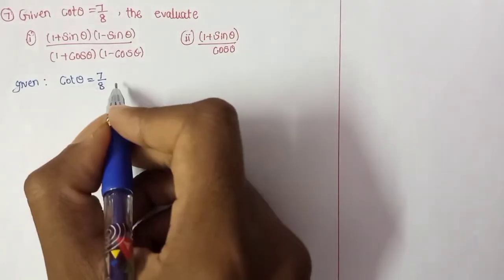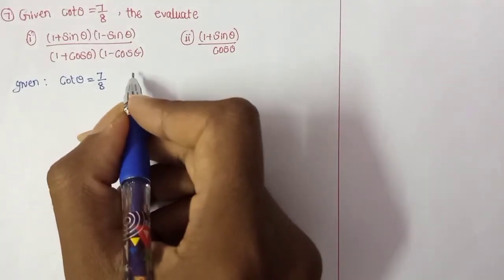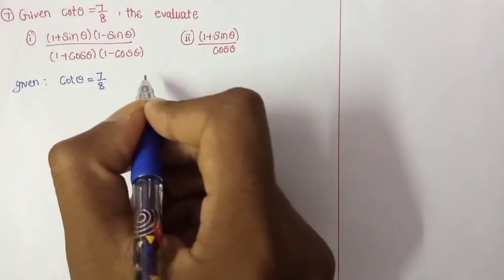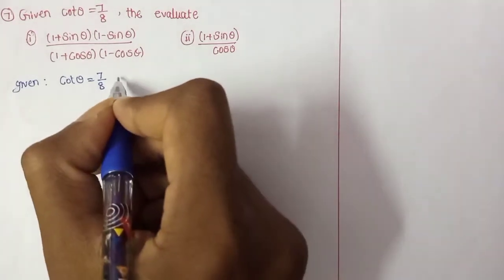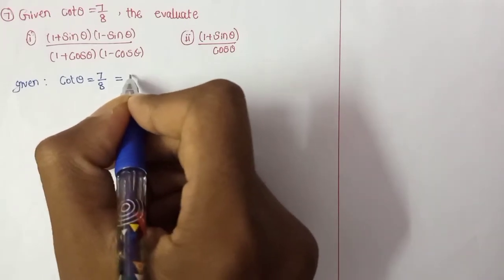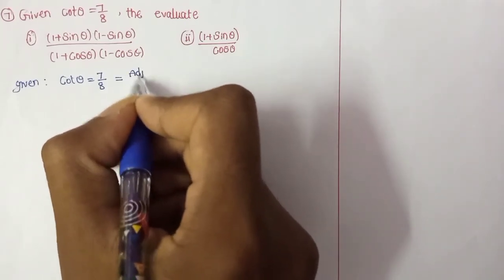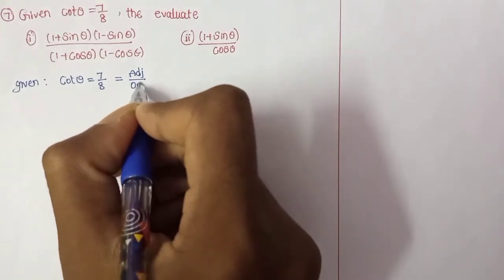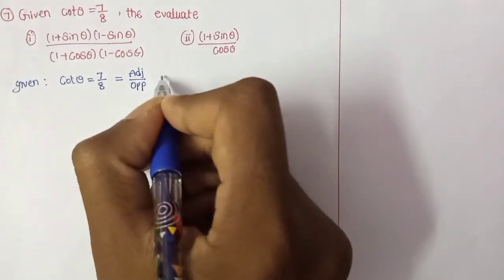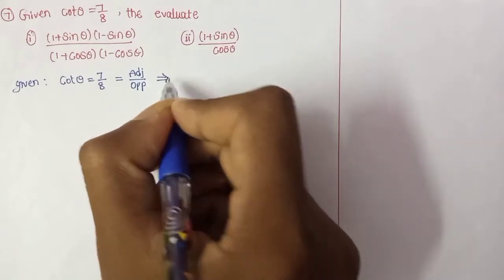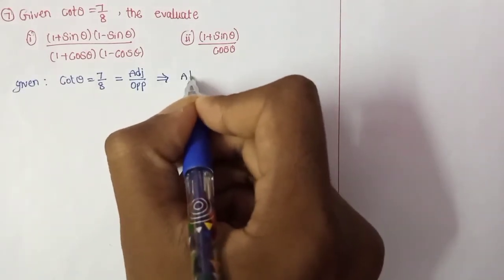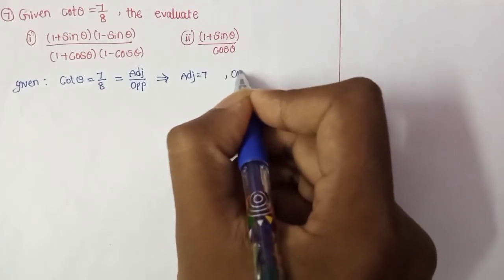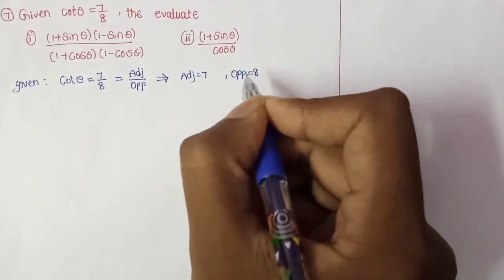So what is cot theta? We know cot theta is the reciprocal of tan theta. Tan theta is opposite side by adjacent side. So we can compare this to adjacent side to opposite side. From this we'll get adjacent side is 7 and opposite side is 8.